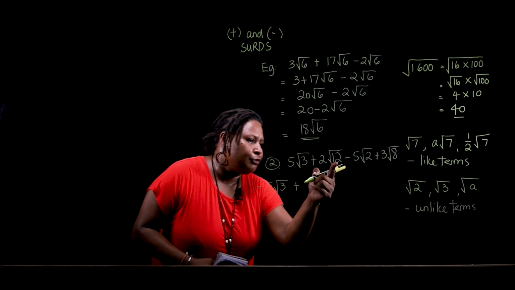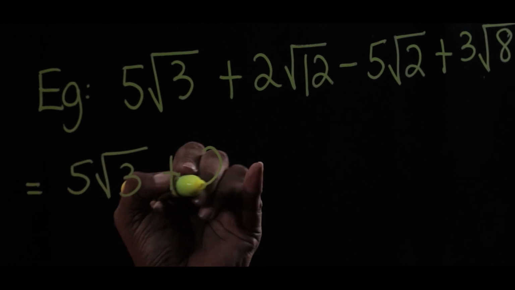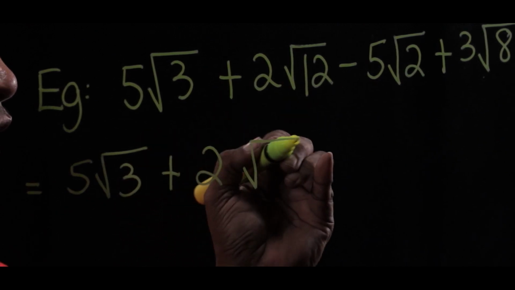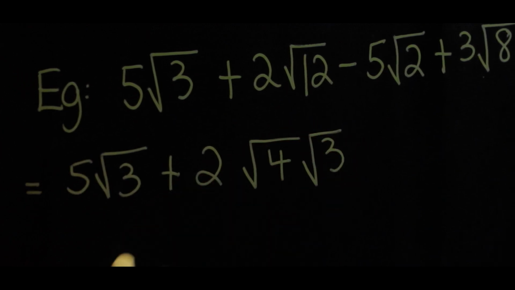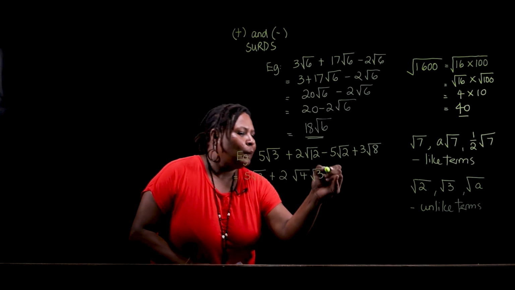Plus, we have √12 here, which we can simplify. So we write 2, and √12 becomes √4 times √3. Remember, one number has to be a perfect square.